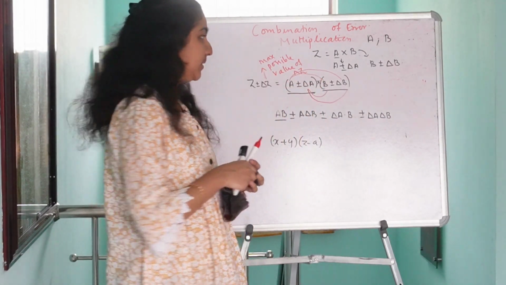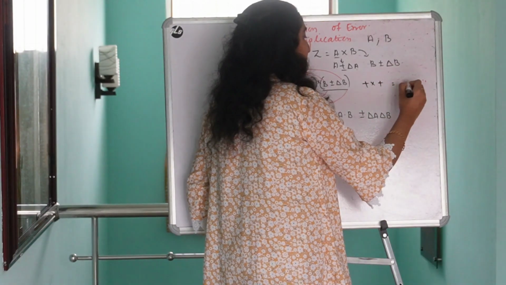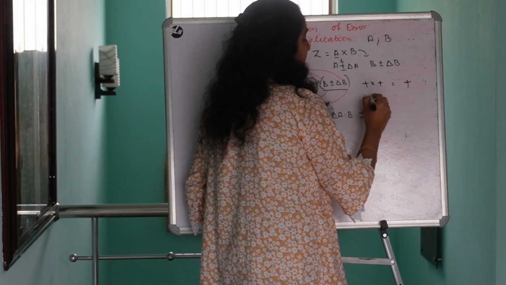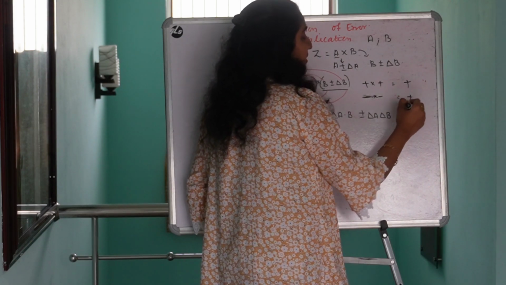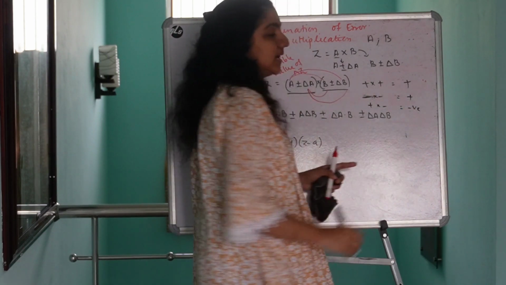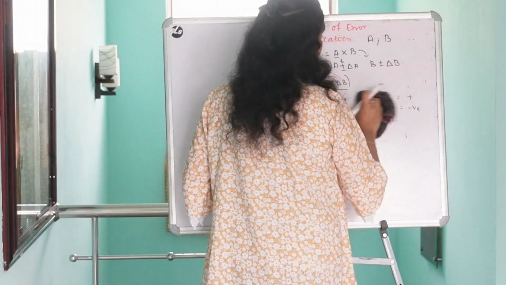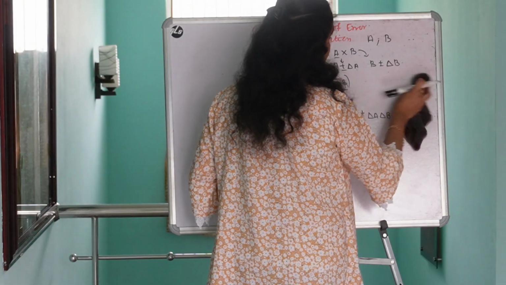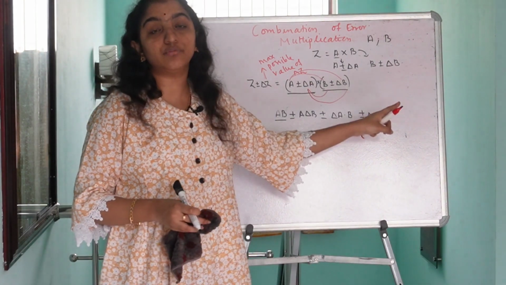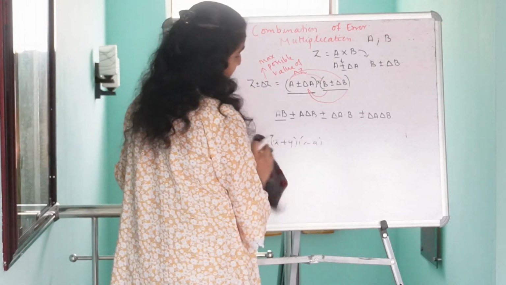If we are multiplying two positive numbers, the sign will be positive. If we are multiplying two negative numbers, again the sign will be positive. If we are multiplying one positive and one negative, then the sign will be negative. You have to apply the concept of negative numbers multiplication for finding the sign of each term when you are opening the bracket. Is it clear?